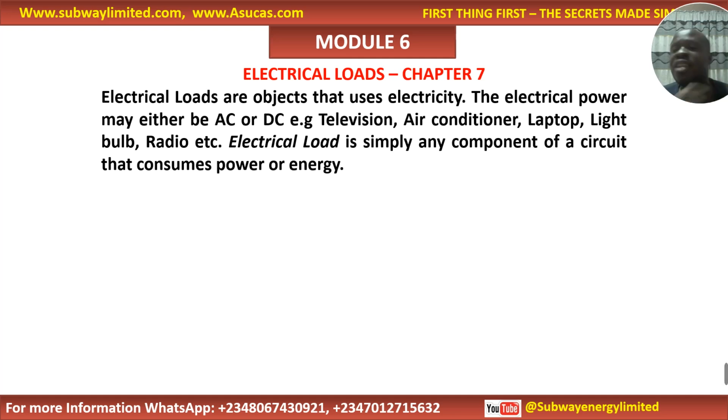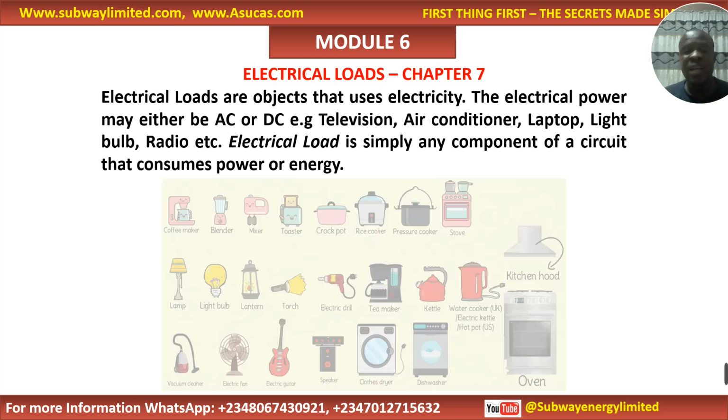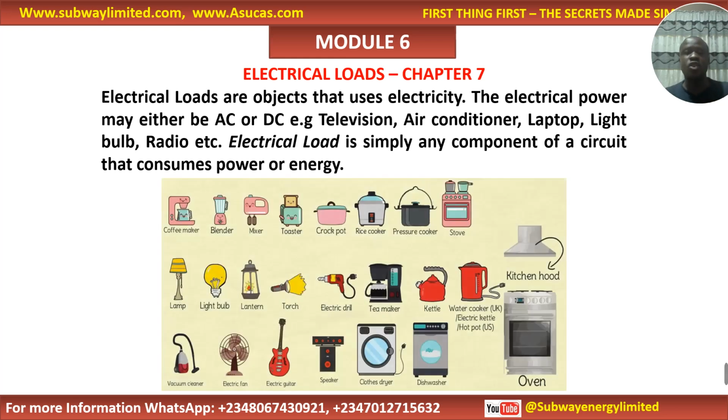But basically, your electrical load can be either AC or DC in nature. Examples are your television, your AC, your laptop, light bulb, radio, etc. An electrical load is simply any component of a circuit that consumes power or energy.